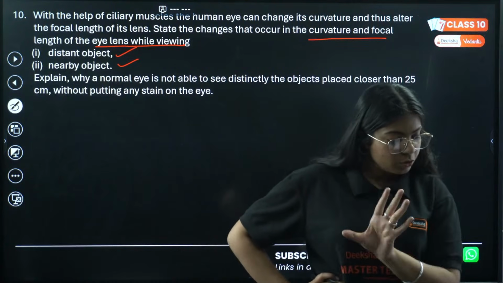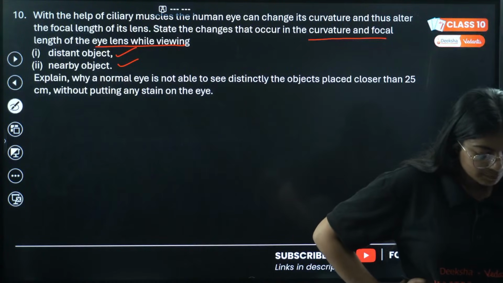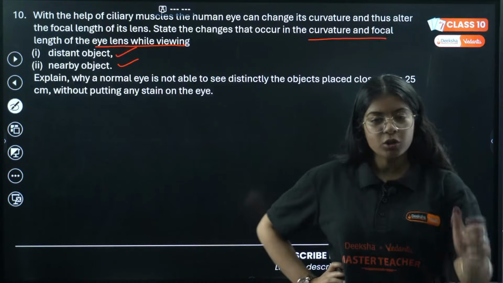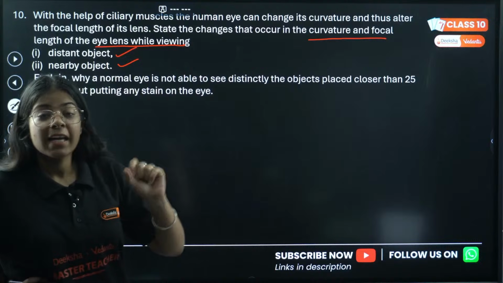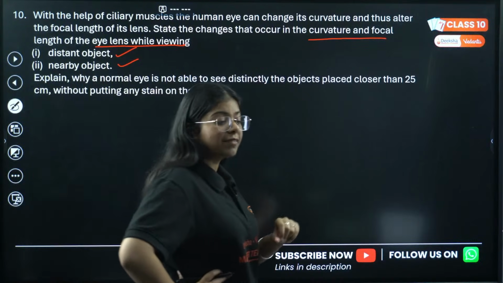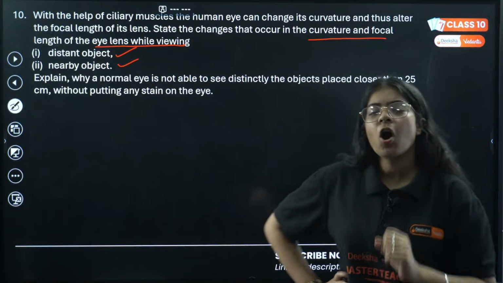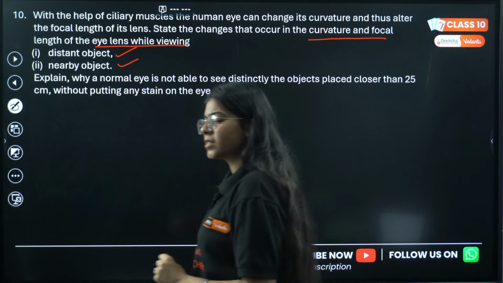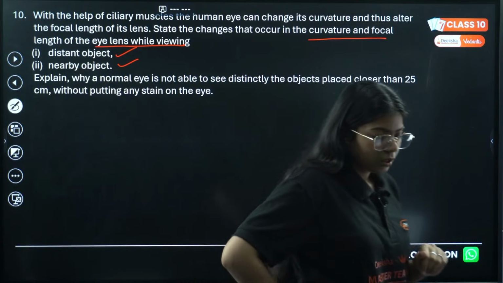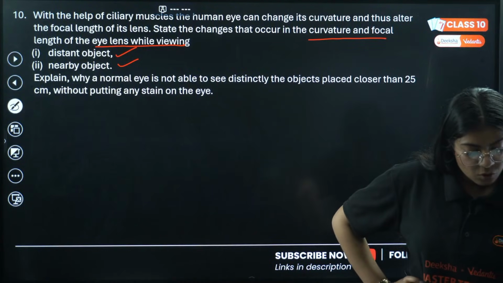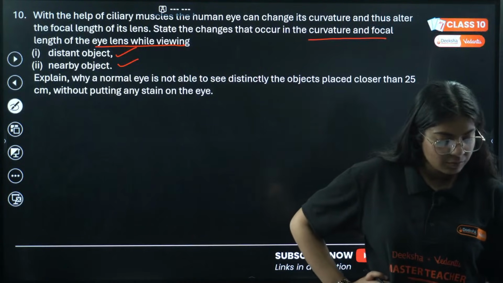Guddu, hello Guddu. So Guddu, tell me, the focal length of your eye lens increases when you see distant objects, or it decreases? Let me know. Come on, guys.